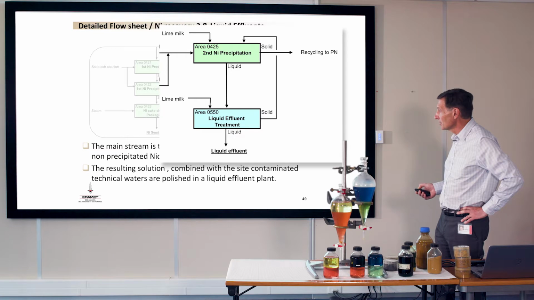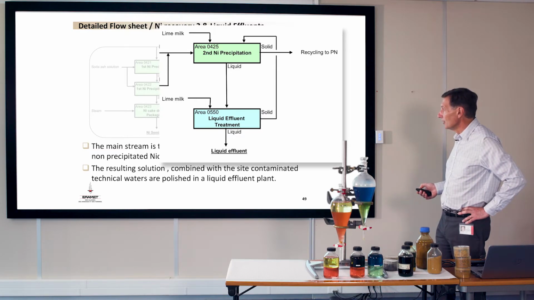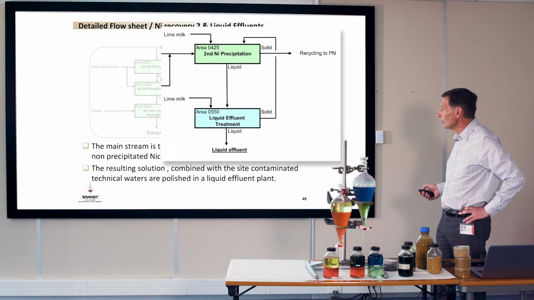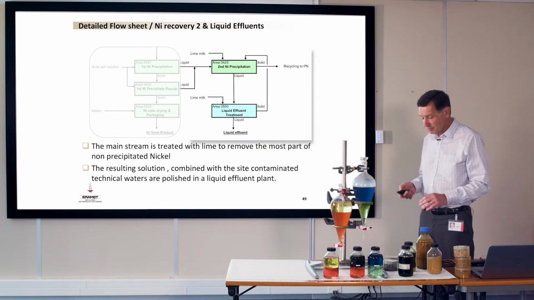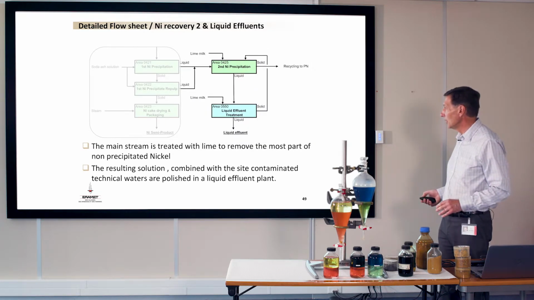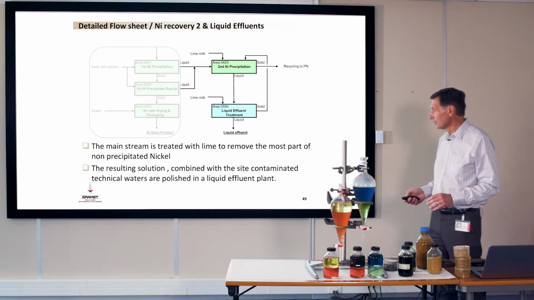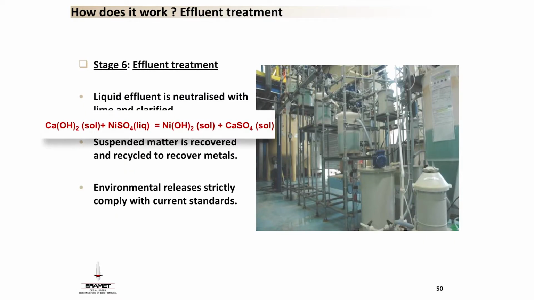And the last part is a liquid effluent treatment: you treat it with lime, used for precipitation, to remove all the impurities and to have a very clean liquid effluent.